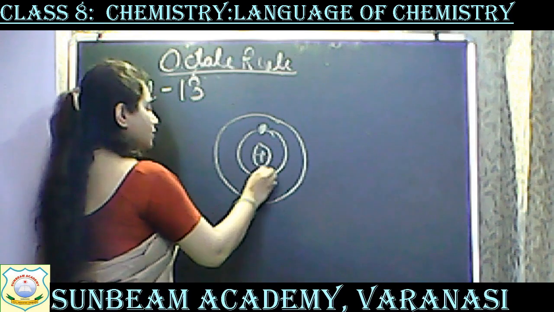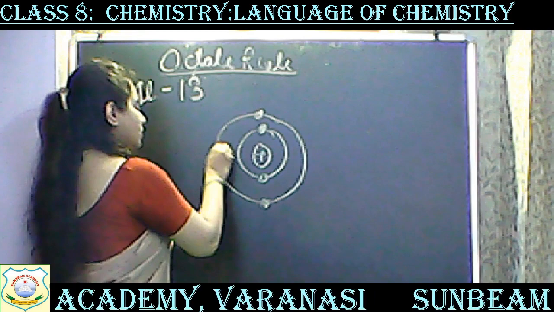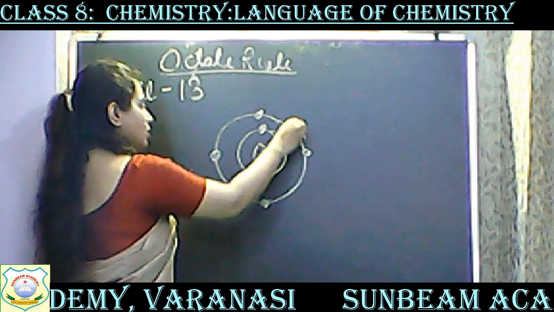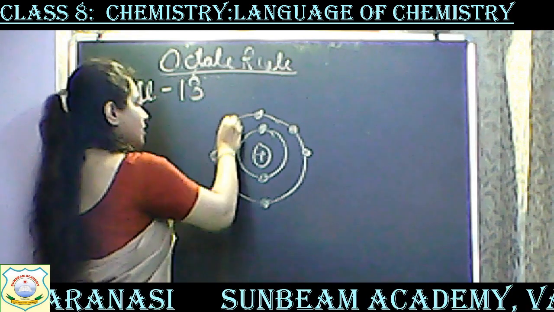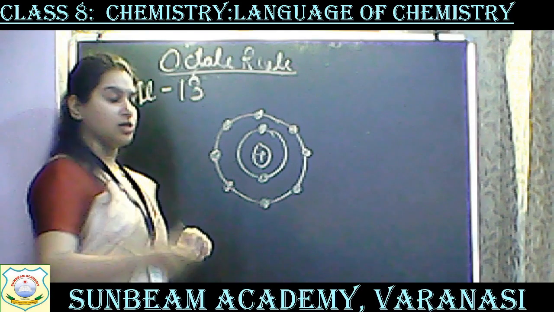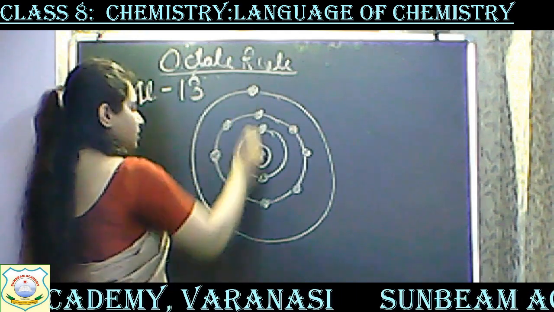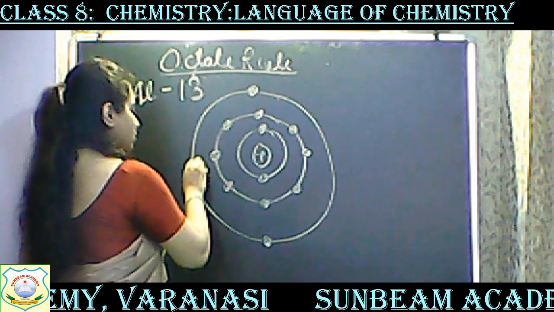Here we have 2 electrons. Then we will have 8 electrons: 1, 2, 3, 4, 5, 6, 7 and 8 electrons. We are left with 3 electrons. So in the outermost shell again, what will we add? We will add 3 electrons.